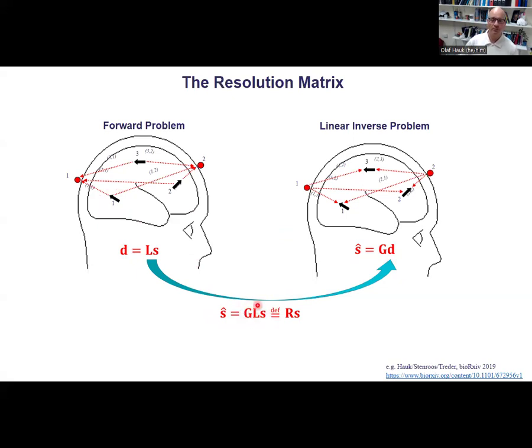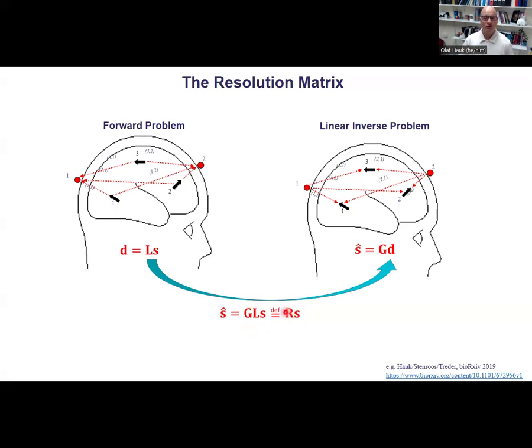This G times L we define as R, the resolution matrix. It is the relationship between the true sources that we would love to know, but will probably never know in full accuracy, and our estimate.